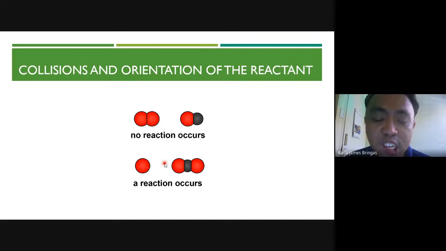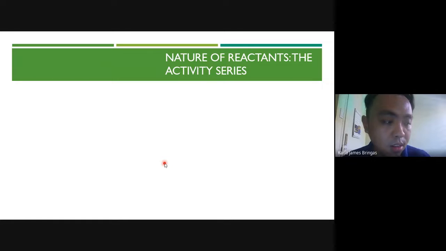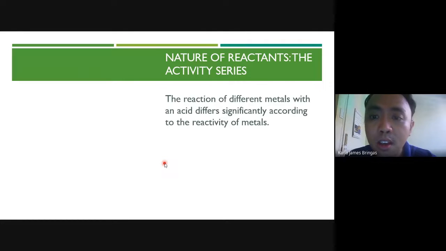So the orientation of the gas molecules or reactant molecules is very important. There are a couple of factors now that influence our rate constant. One of these factors is the nature of the reactants themselves.